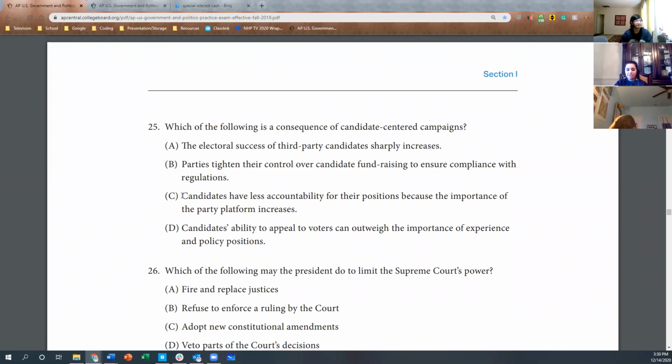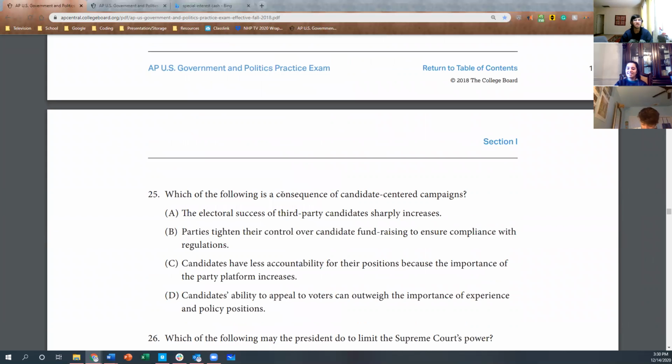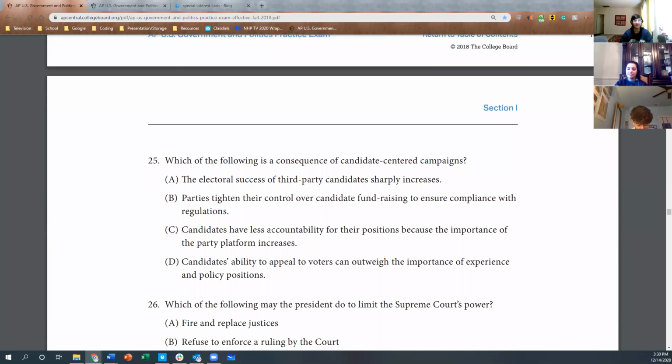That's like the soft money thing, where they need to make sure they're meeting contribution limits and regulations. Candidates have less accountability for their positions because the importance of the party platform increases? No, this is the opposite of what it's asking. Yeah, I think it's D, because of candidates' ability to appeal to voters.